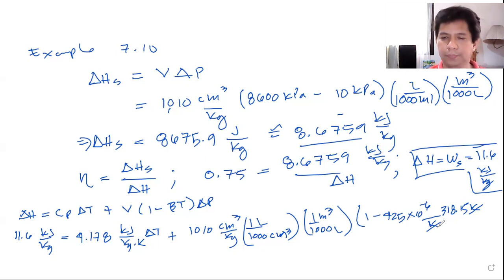So beta T has no unit. Then just multiply this with delta P. Our delta P is the same as this one, 8,590 kilopascal.